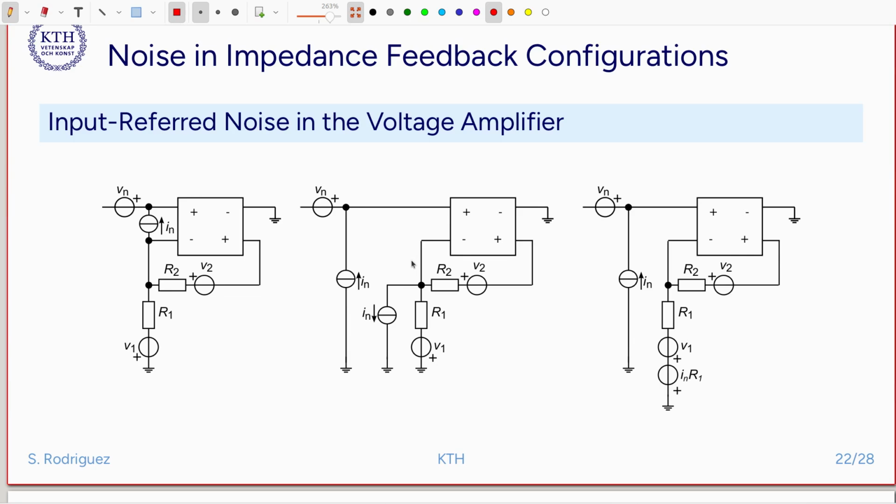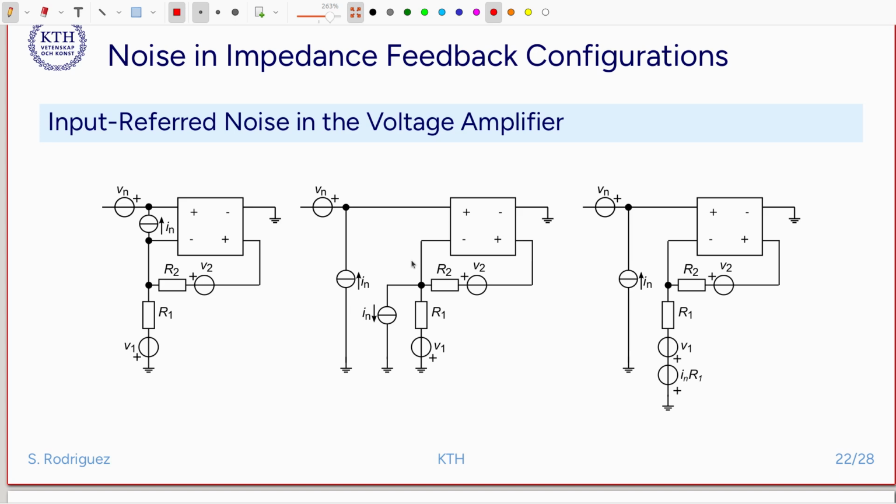Okay, so we have different impedance feedback configurations that we studied in the previous lecture. We have a voltage amplifier, a transconductance amplifier, a transimpedance amplifier, and a current amplifier configuration with passive feedback components that are pretty much used, and they are the basic stages that we use.